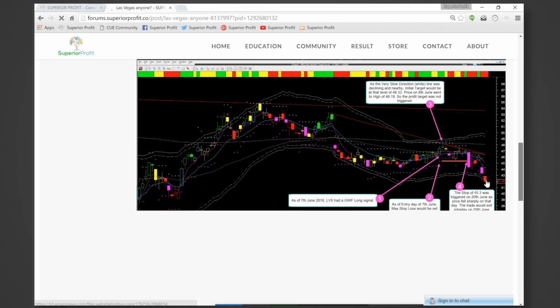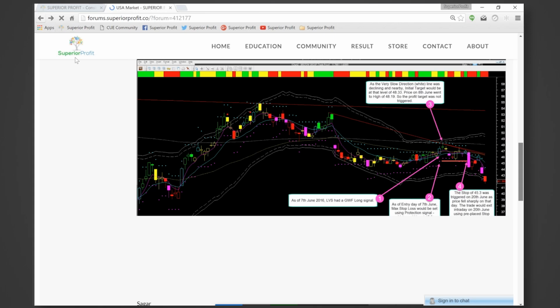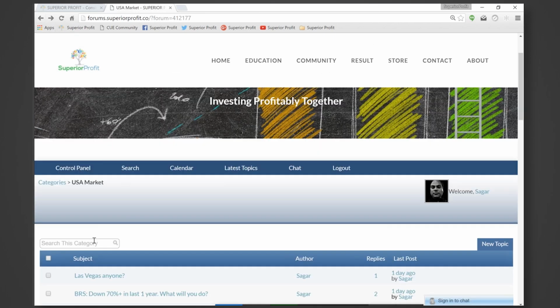But if somebody was using real-time data or was using icon to keep an eye on the stocks, probably it was one of the worst performers of the day, and a day trade could be taken on that day. Anyway, it fell down much more, so it was important to follow discipline and put the GTC order, good till cancelled order, on the protection line as well. So this was the only recent trade posted in community that exited with loss.